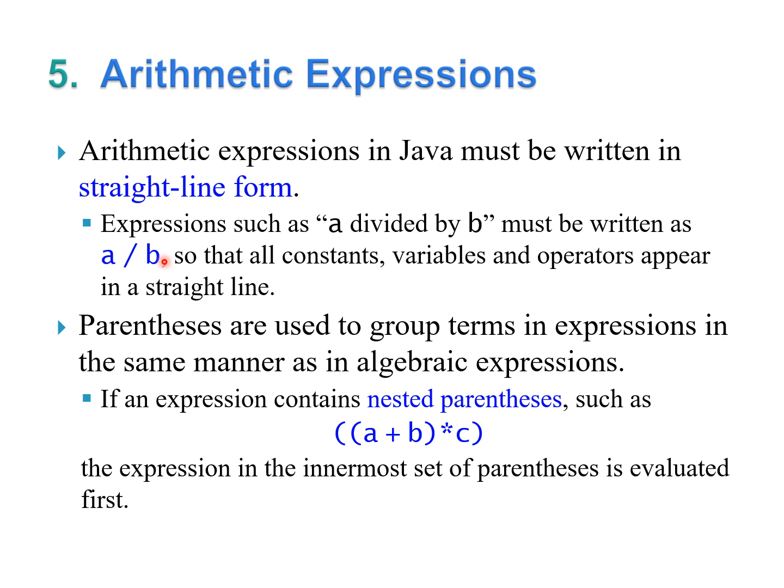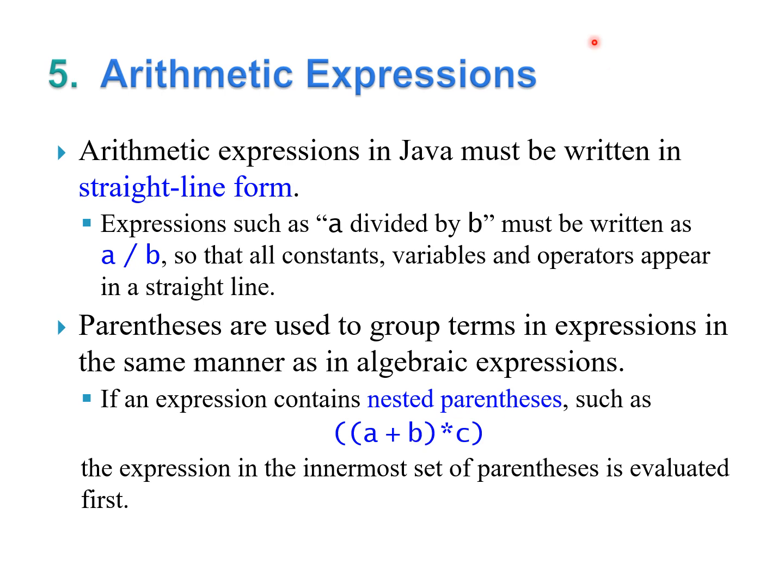So you can also use parentheses in Java to group terms in an expression in the same manner as in algebraic expressions. If an expression contains nested parentheses such as in this expression, then the expression in the innermost set of parentheses, in this case the one around a plus b, is evaluated first.